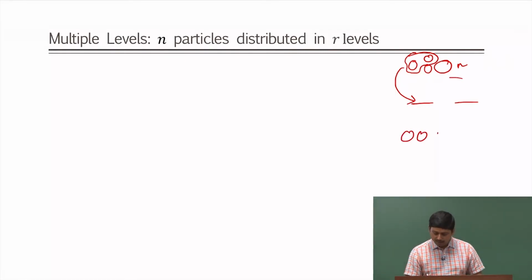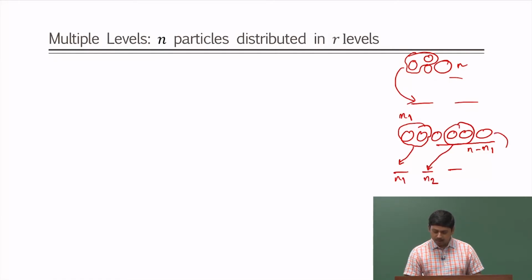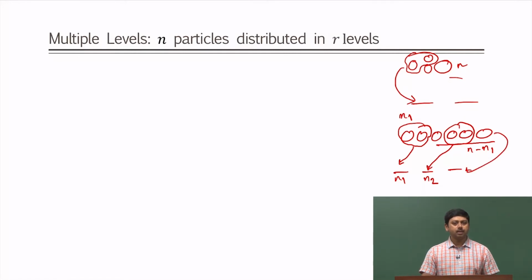Now, let us say we have a 3 level system, sorry, 3 level system, so I should not put the fourth one. What I can do is choose some n1 number of particles for the first level, that leaves me n minus n1, and out of this n minus n1 I can choose another n2 for the second level, and the rest will automatically go to the third level. So the way it will work is, let us say I have n particles.